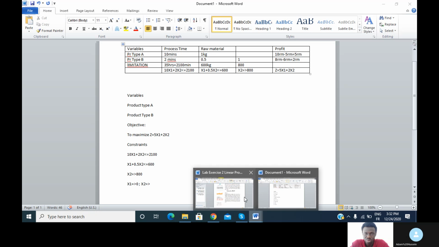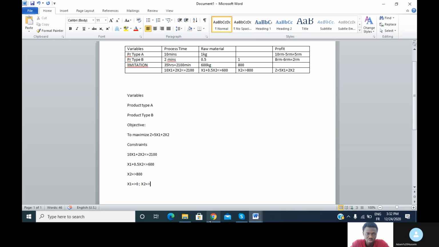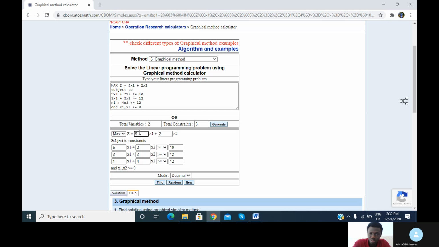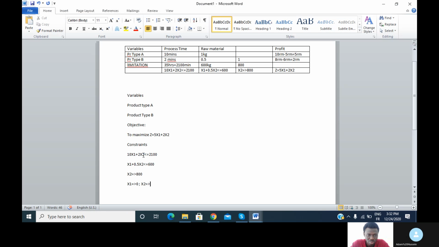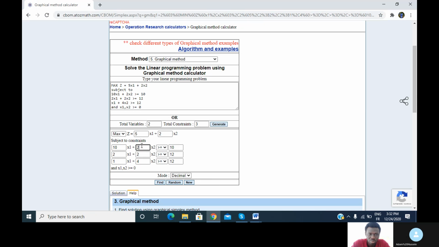Then the first constraint is 10x1 plus 2x2 less than or equal to 2100, because it's 35 hours per week.